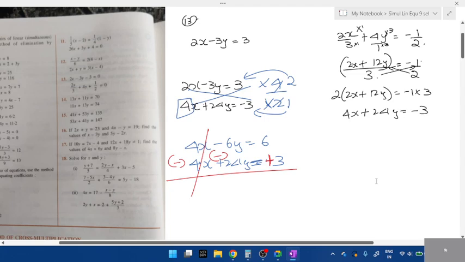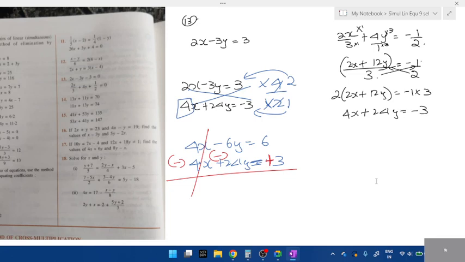Minus 3 by 10. Okay, let me check. Find y, complete y. Yes. Where is sign? That is wrong.